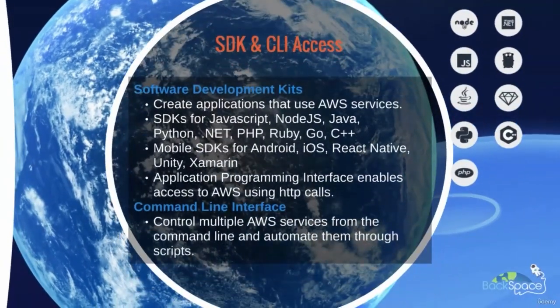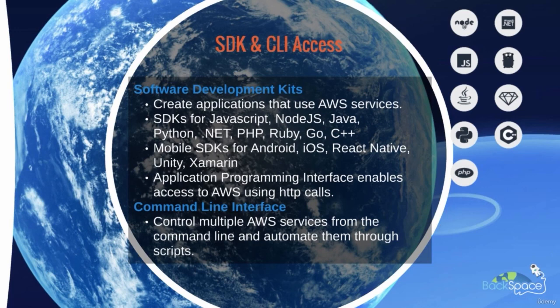You can also access AWS resources through the many software development kits. This allows you to create applications that use AWS as a back end. There are software development kits for all the major languages, and there's also a mobile software development kit.